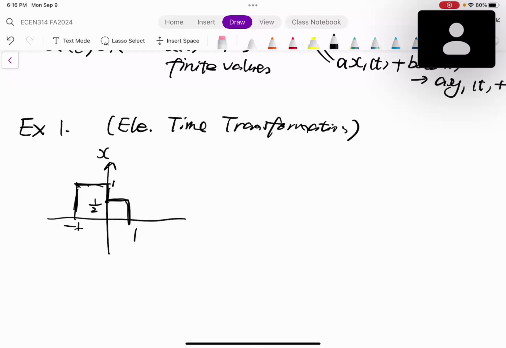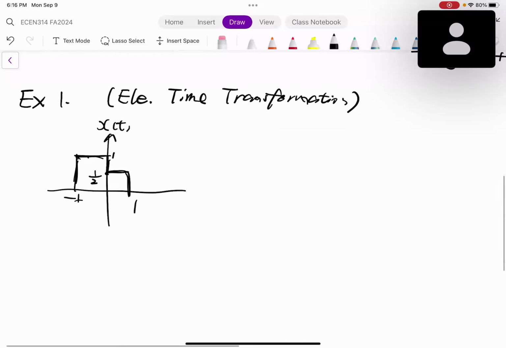So this is x of t, right? You know that this can be transformed in multiple steps into any x of a t plus b.